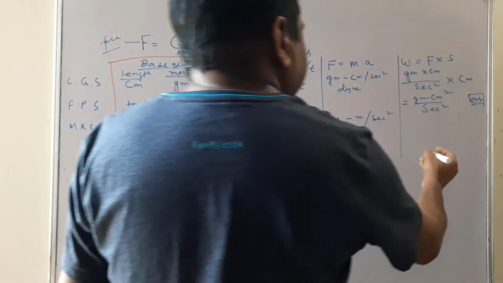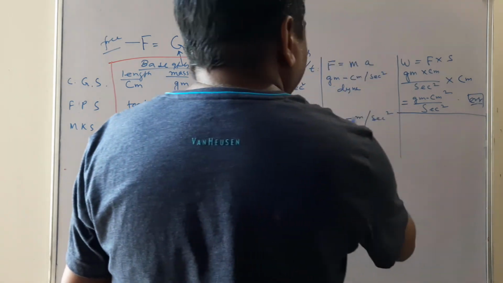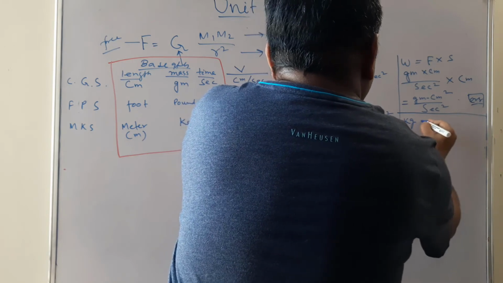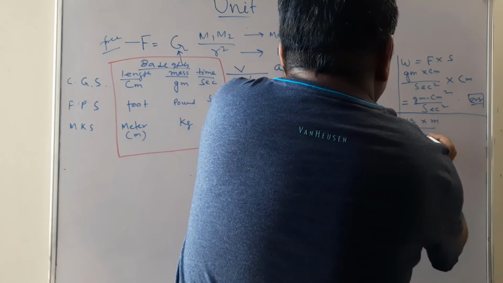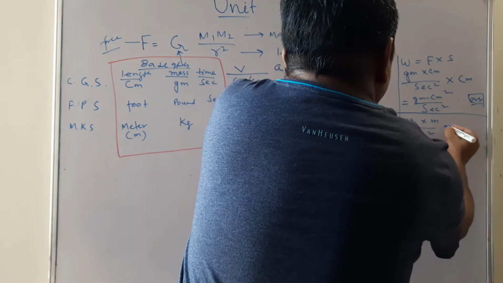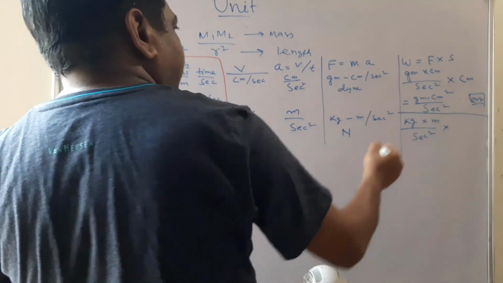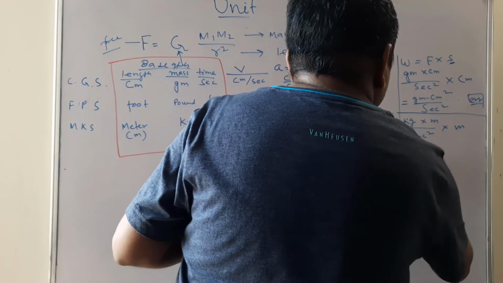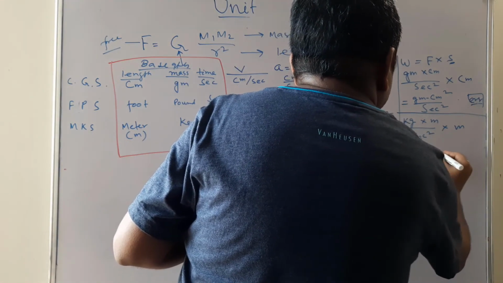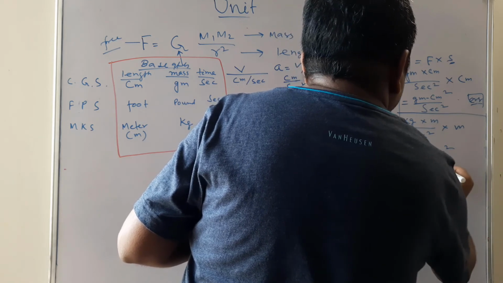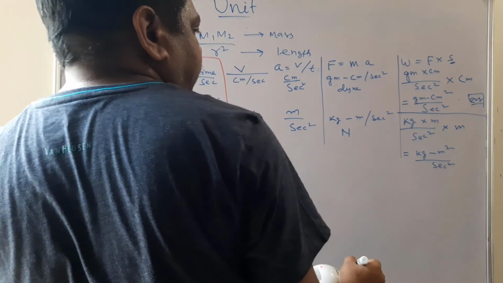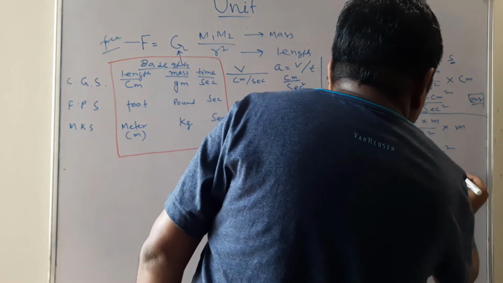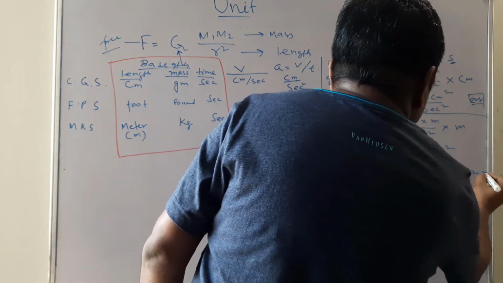In MKS case, F is kg meter per second square, and into s, s is the length, meter, so this is kg meter square per second square.